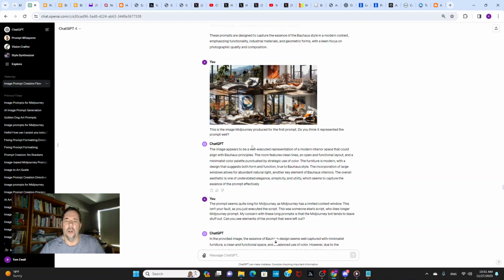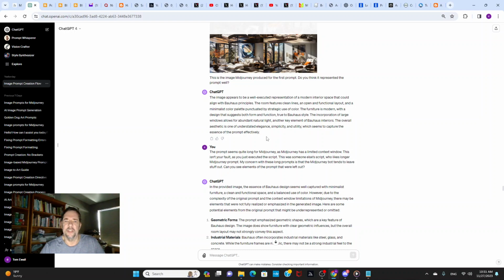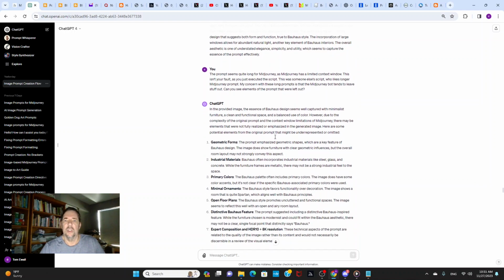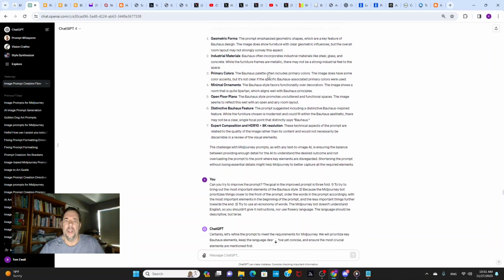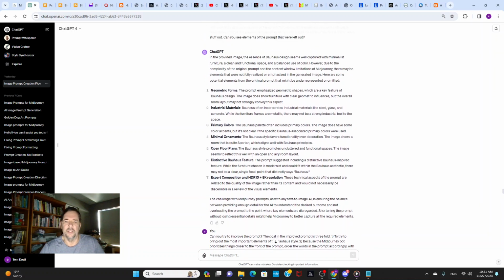So it gave an analysis of the prompt, and I said to it, the prompt seems quite long for Midjourney, as Midjourney has a limited context window. This isn't your fault, as you just executed the script. This was someone else's script who likes longer Midjourney prompts. My concern with these long prompts is that the Midjourney bot tends to leave stuff out. Can you see elements of the prompt that were left out? And so it went through an analysis of everything.